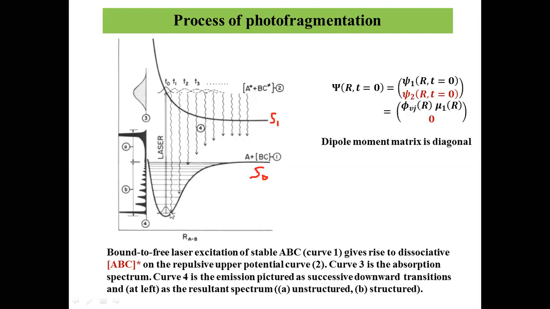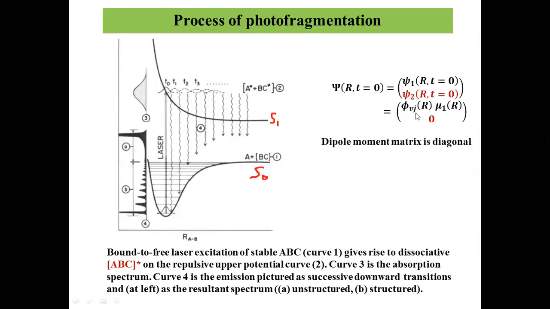This one, because that is the function I am taking, is kind of a Gaussian. So that is phi, the diatomic potential if you take, and this is the rovibrational state v and J. So v equals to 0, J equals to 0 if I am going for this one. And that we need to multiply with the dipole moment matrix mu1 for this state, because I am taking this. So this is mu, where mu equals to E into R. That mu is basically interacting with this state, taking it to this, so that is when light is shined on this.